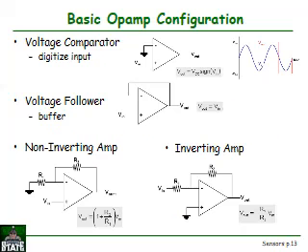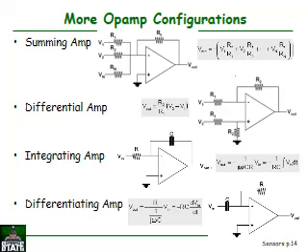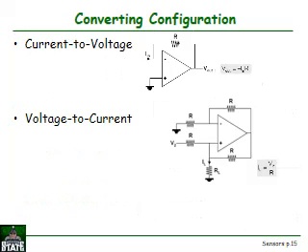This diagram shows the basic configurations: voltage comparators, voltage follower, non-inverting amp and inverting amp. This is a differential amp, integrating amp, differentiating amp. Converting configurations: current to voltage and voltage to current diagrams.